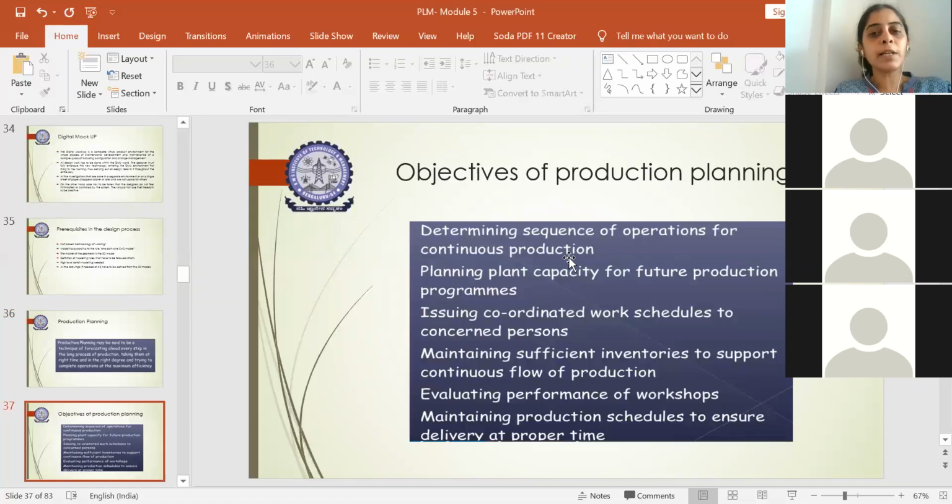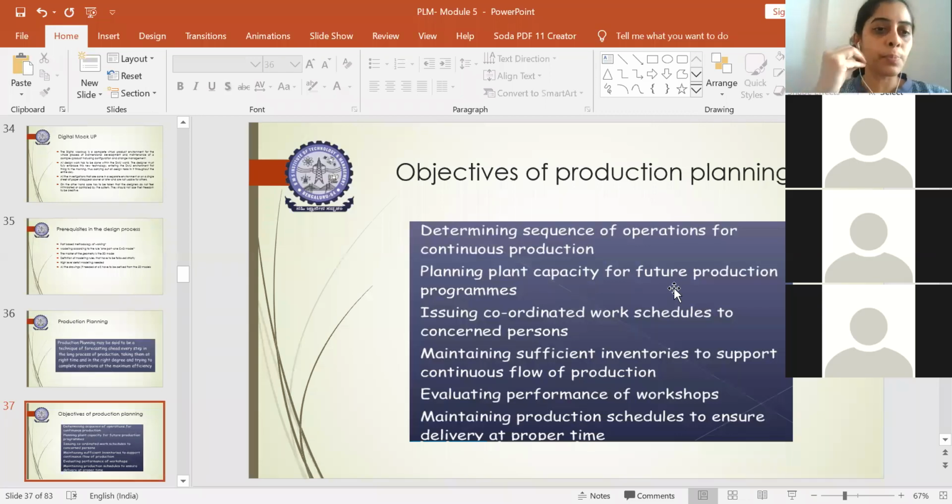This is basically for mass production. Once that is set up, next he should check what the plant capacity of the current company or industry is. Is it fit for this continuous production which has to be done in future? If not, how can the plant capacity be improved? All these things have to be taken care of.